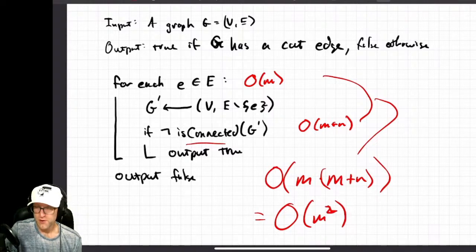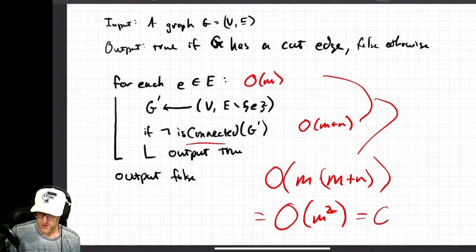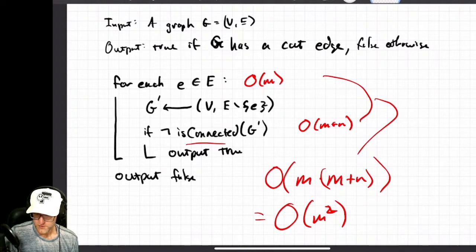At that point, you can really get rid of the N, because M is already N squared, and so if you square that again, you could say that this is bounded by order N to the fourth. But we'll just go ahead and leave it like that.